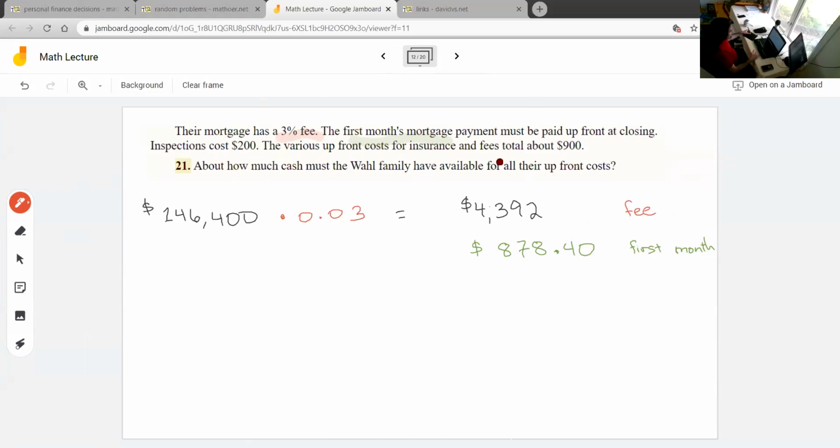Then there's inspections and other stuff. So 200 and 900. So I'll add everything up. And what do we get? $6,370.40 if I did my calculator pressing correctly.